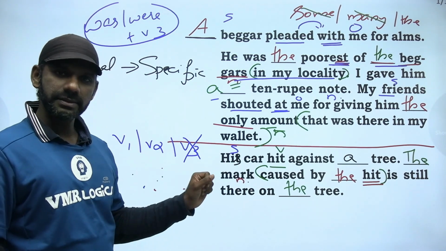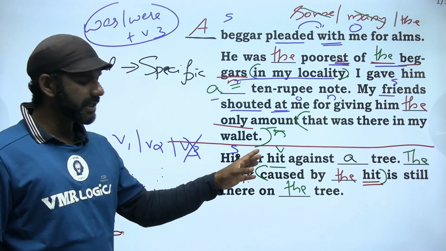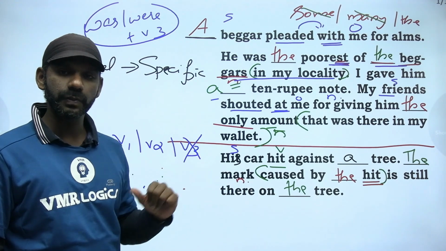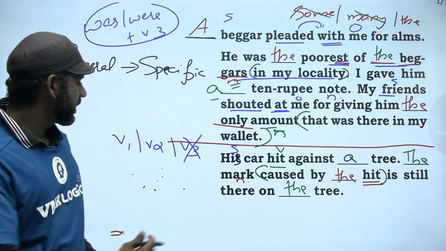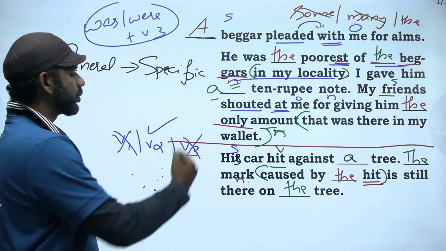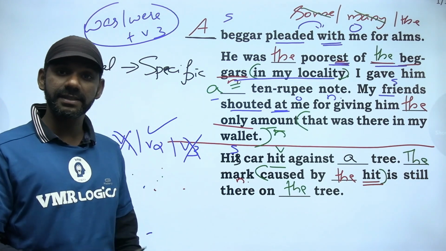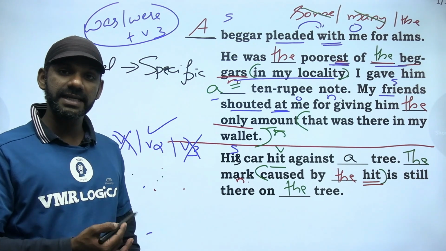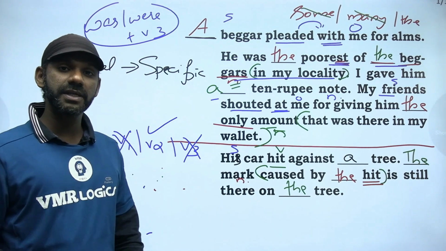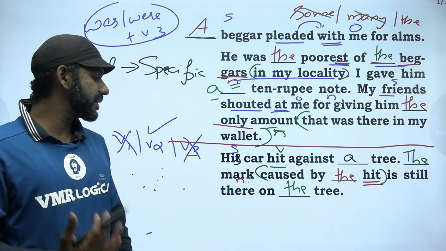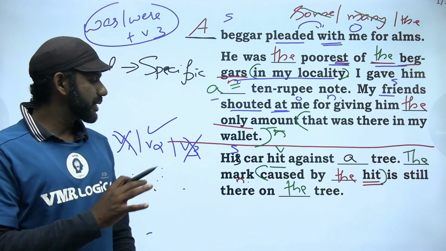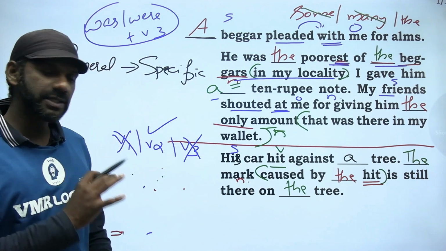My question now is, in this sentence, hit must be V1 or V2. I say, in this sentence, hit is in the V2 form, because if it is V1, it must be hits. The subject here is his car, singular. If the subject is singular, the verb must also be singular, so it would be hits. So here it is not V1, it is V2.